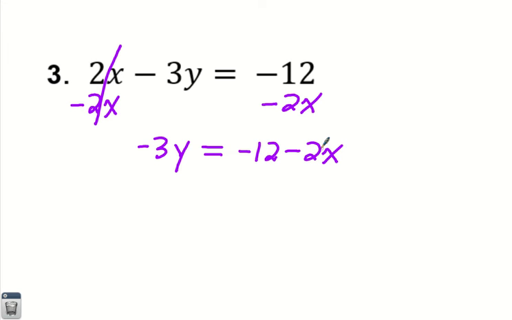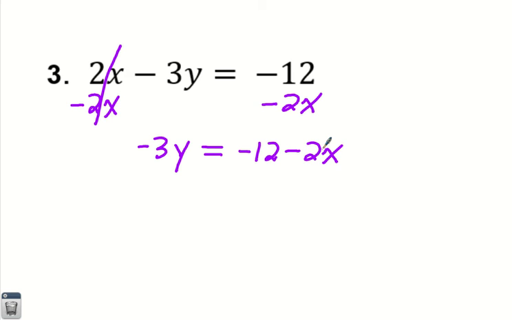But I want to get into something else real quick and kind of get into a certain habit. We have a negative 12 term and we have a negative 2x term. Does it matter what order they're in? Like, could I just reverse the order of these two terms? Of course I could.